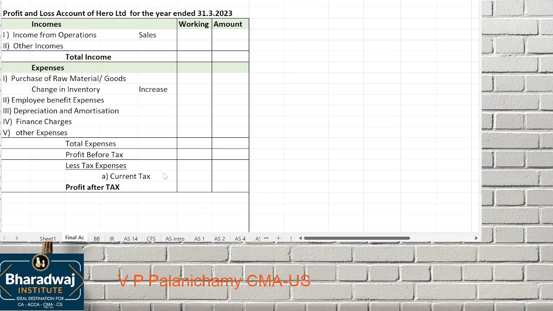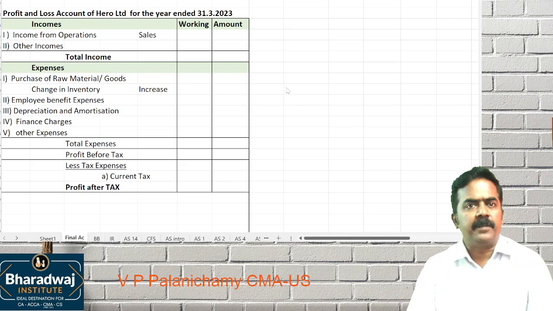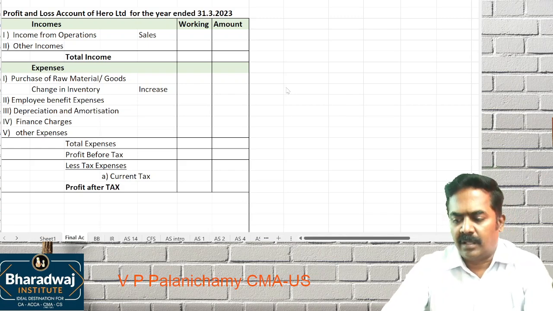Here, mainly the working note is required for depreciation and which one? Other expenses. Depreciation and other expenses we require working.